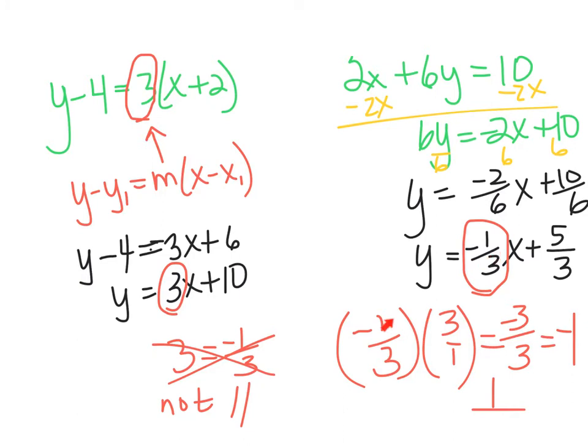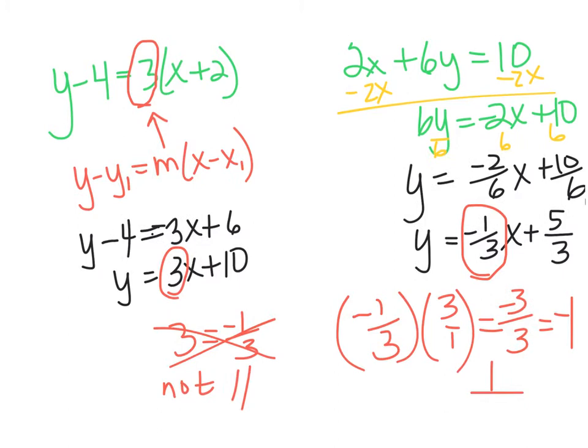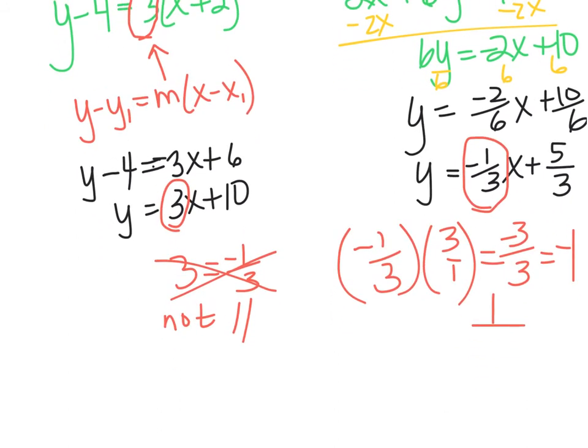So when we compare that one with the first slope, 3, or 3 over 1, you can see that they were not equal, so they're not parallel. And when we multiply them, they did multiply to negative 1, and so they are perpendicular. Remember, this is the sign for perpendicular.